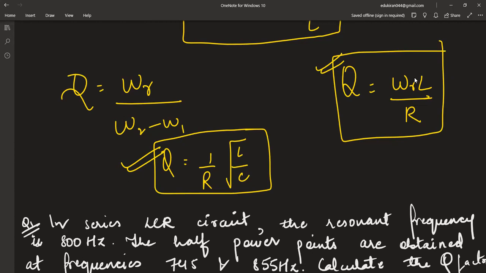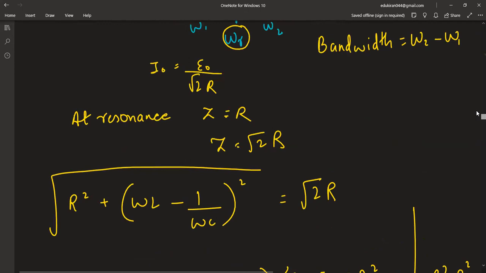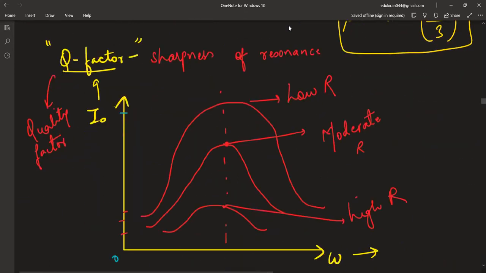Otherwise you will have to use the entire formula again, by substituting omega R as 1 by under root LC. So if you have to put this directly, use this formula. Write the entire derivation first, step by step. Then at whichever step you get stuck, class, please let me know.